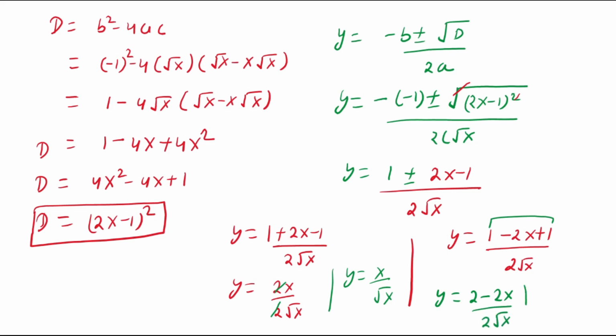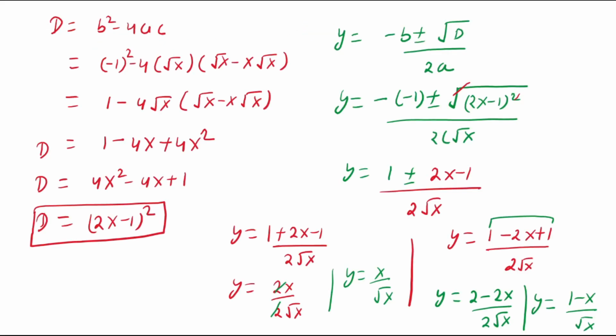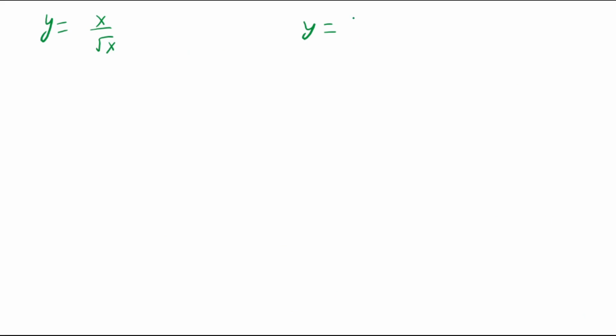If we take 2 common in the numerator, then this 2 is cancelled out. Then the value of y is 1 minus x over square root of x. We have two possible values of y. The first value of y is x over square root of x, and the second value of y is 1 minus x over square root of x.